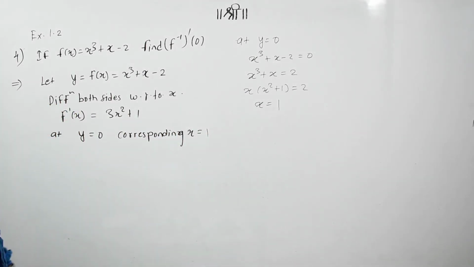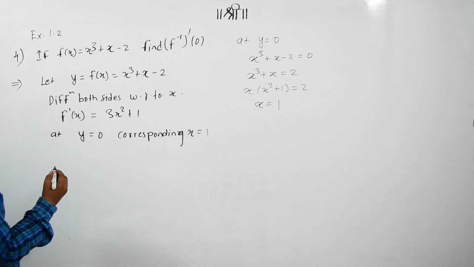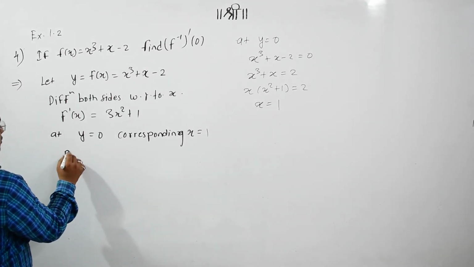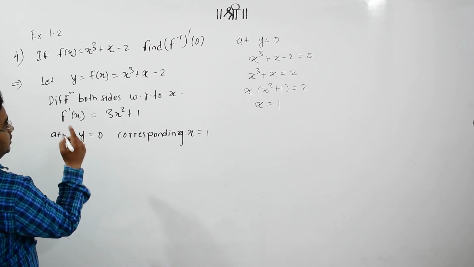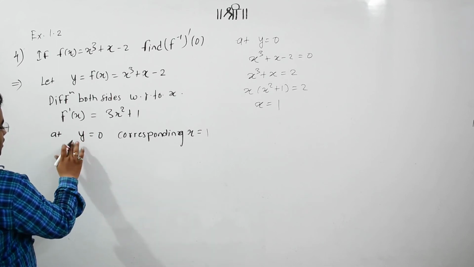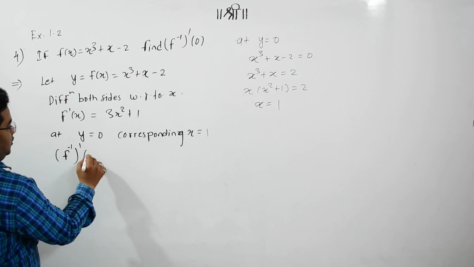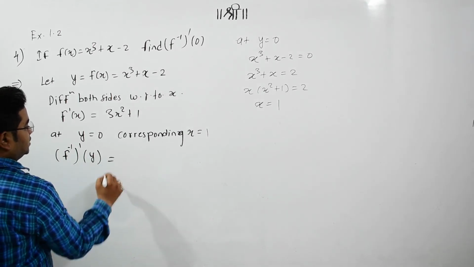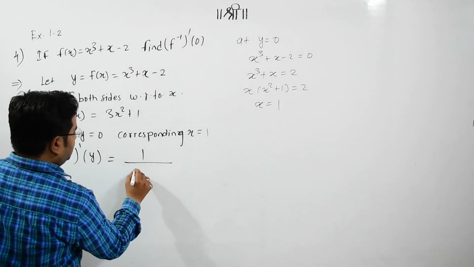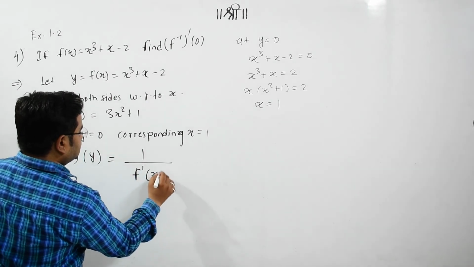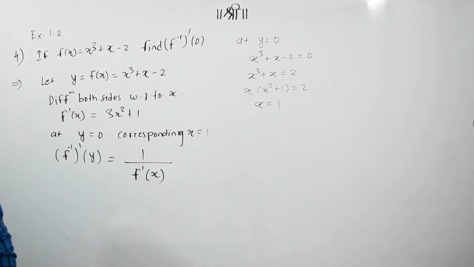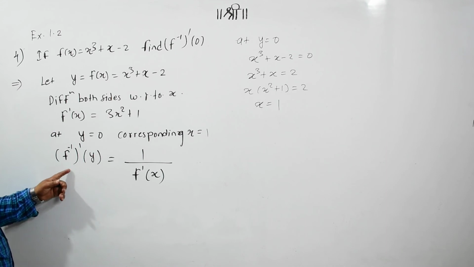Now, next step, if you move properly, what you will find? f inverse dash of y is equal to 1 upon f dash of x. Most importantly, this is what we have learned.